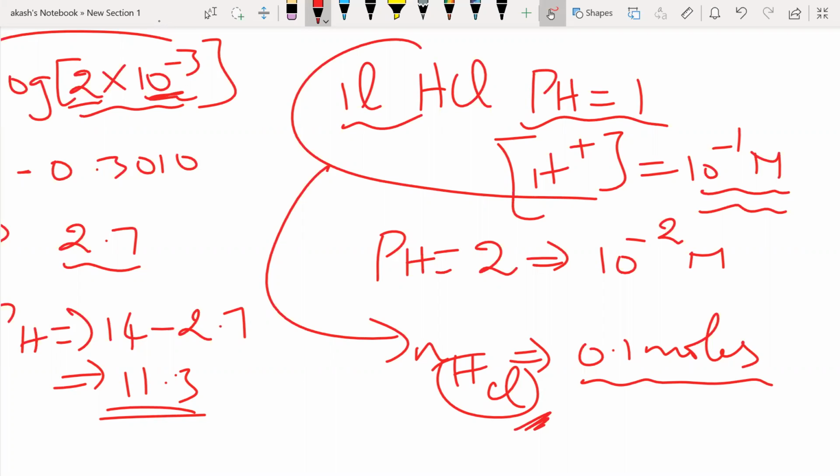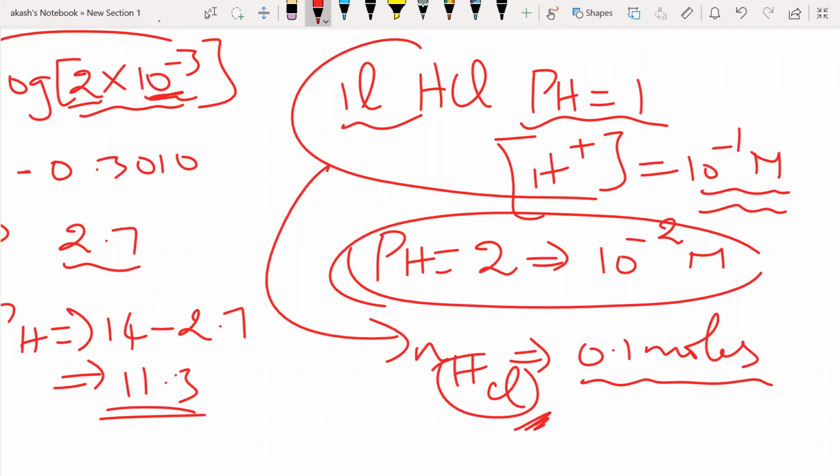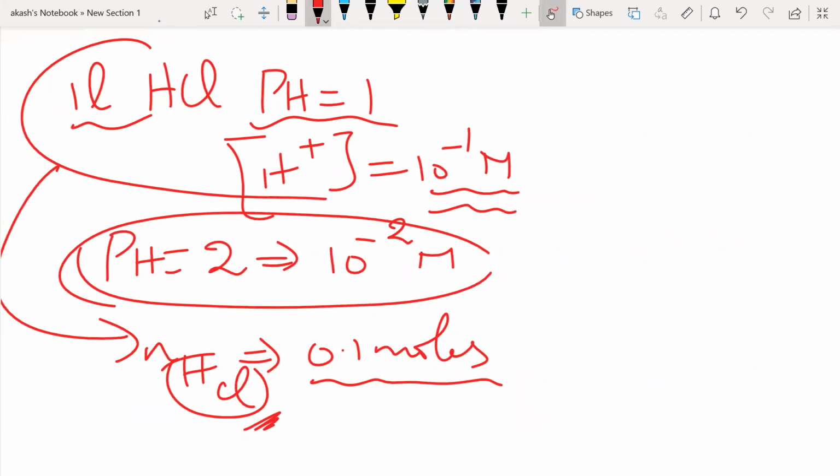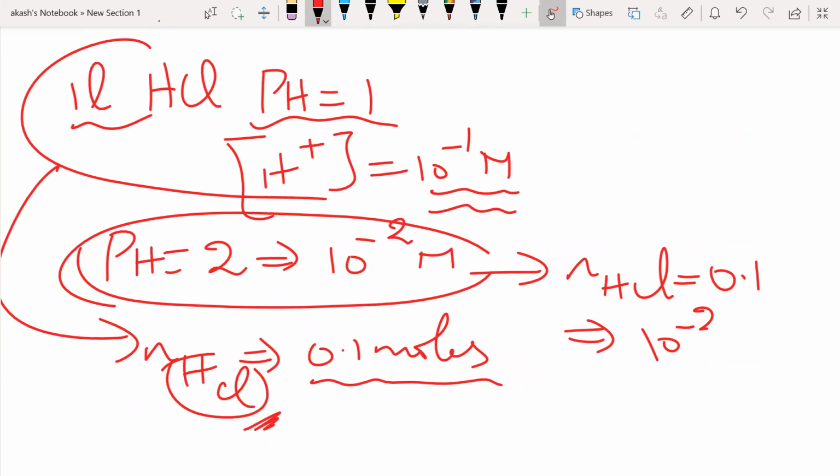So you're just going to add more and more water. For this particular solution where I have added water, the number of moles of HCl will again be 0.1, and that would be equal to 10 to the power minus 2 into the volume. Now, this is the total volume of water present, not the volume you added.